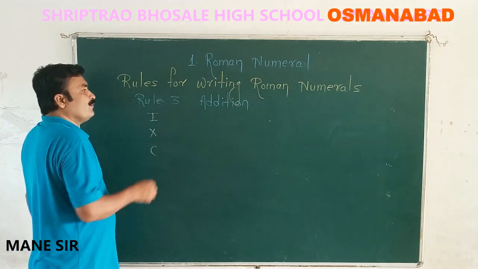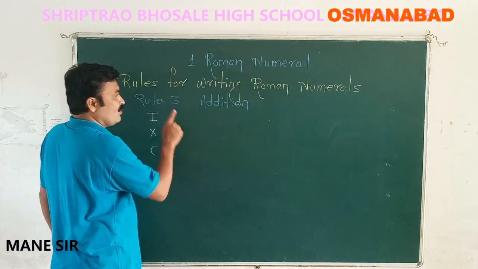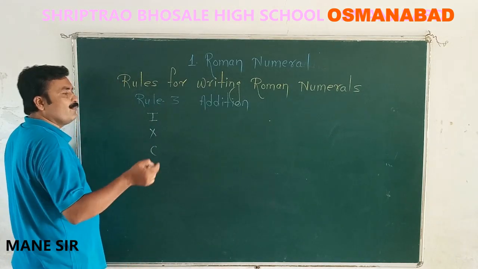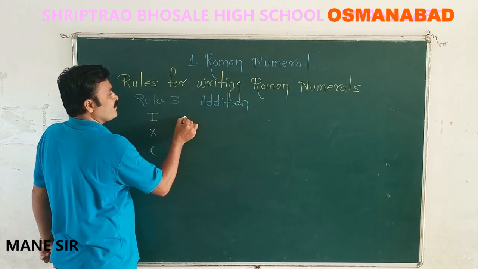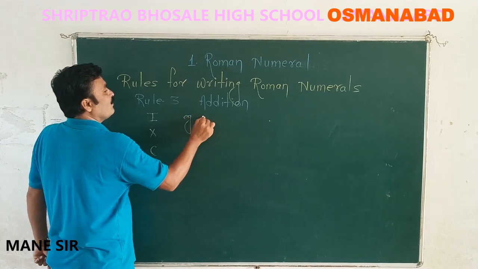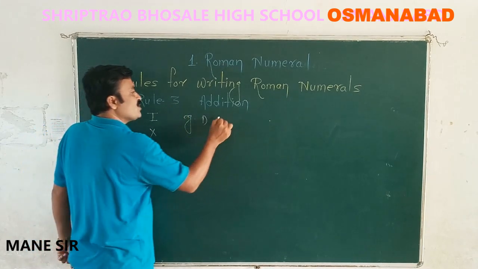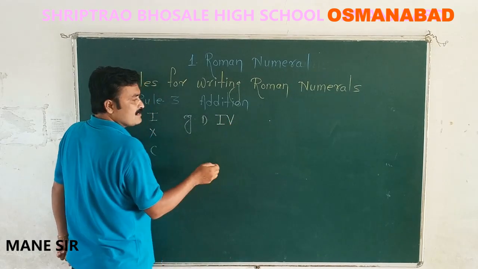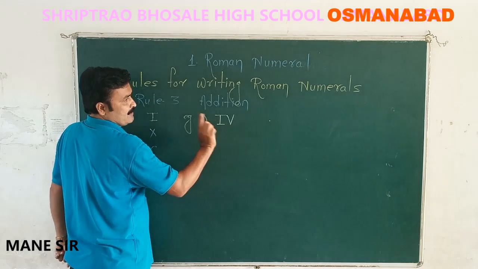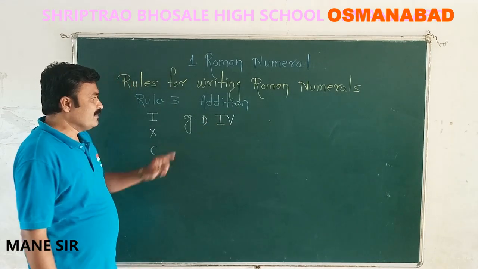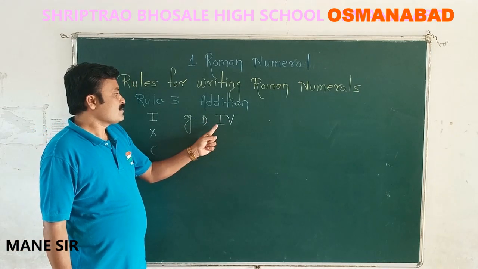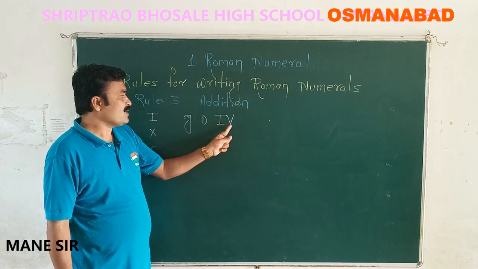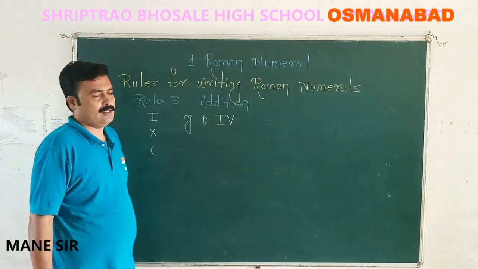Now again we continue the explanation of rule number 3. Before stating the rule, we take some examples. For example 1, I take a Roman numeral, IV. In this Roman numeral, the smaller numeral I we write before the bigger numeral.